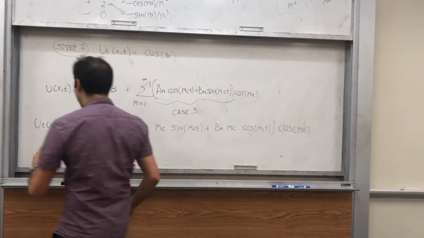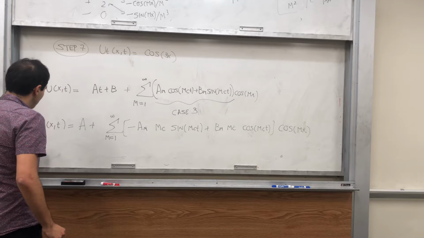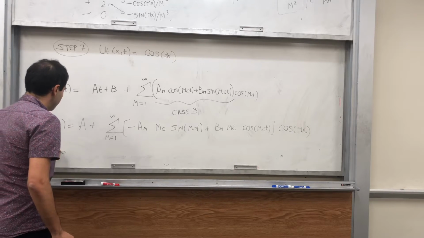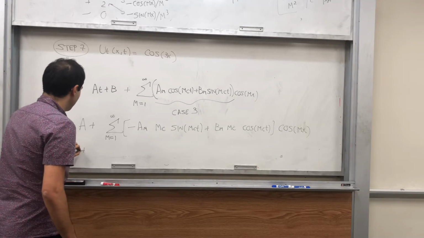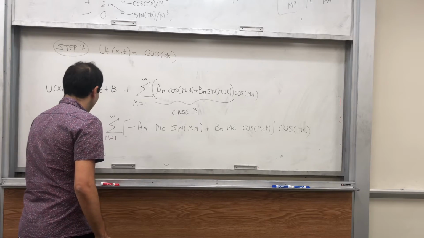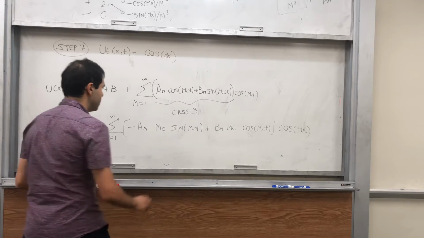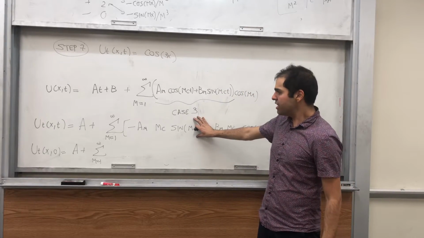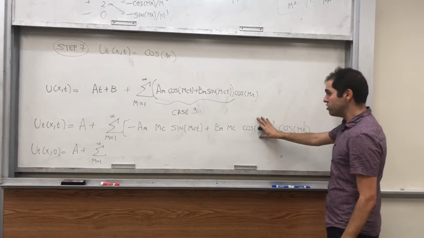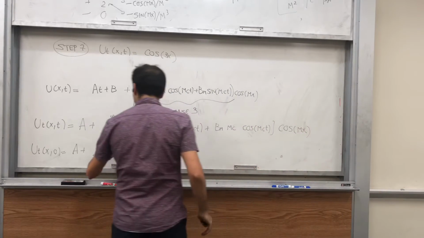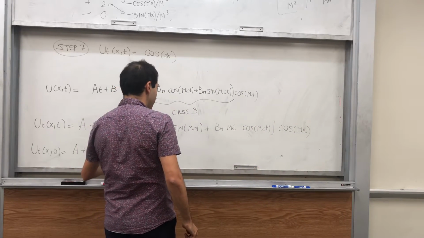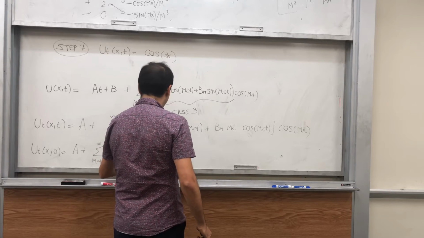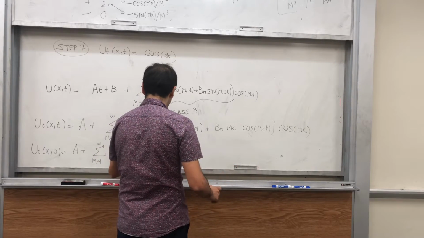And then you just need to plug in t equals 0. u_t(x,0) becomes a plus the sum from m equals 1 to infinity. But you see, if you plug in t equals 0 here, this term disappears, and this term is just 1. So it's just the sum of bm mc cosine mx.